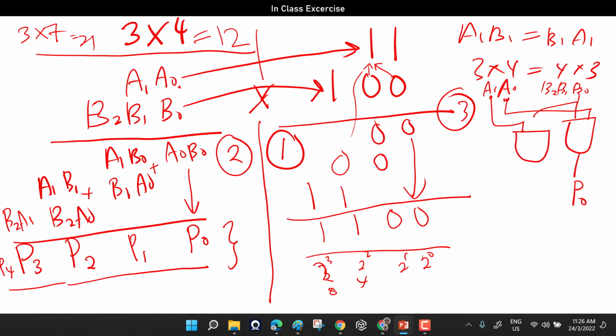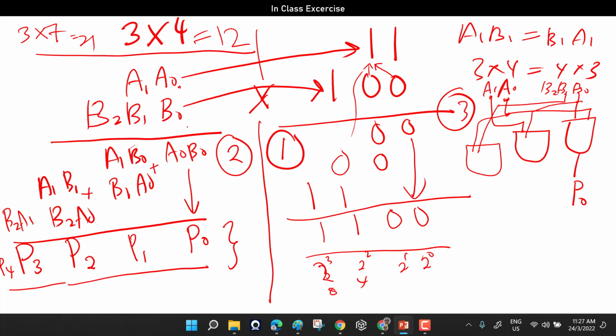Okay, the second element is this one. I need to have B1 and A0. So another AND to cater B1. B1 over here, and one more is A0. Pull from this A0 to cover over here. This one comes from B1. Okay, this item here.